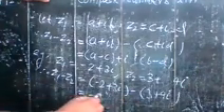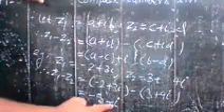If you subtract here, you have minus 5 minus i as your result. So in this way you can very easily subtract two complex numbers. Note it.